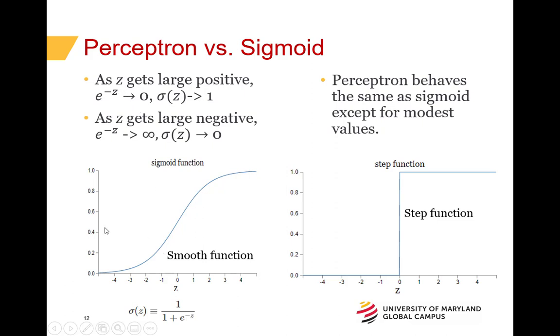So here, as z gets larger, remember this is what we plugged in, the aggregate of the neuron output. The output of the neuron is entered in this value. So as z gets large in the positive direction, because this is in the bottom, then the whole e to the minus z term becomes 0. It approaches 0.